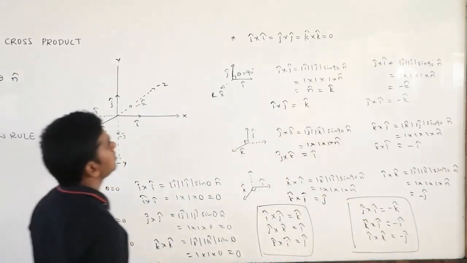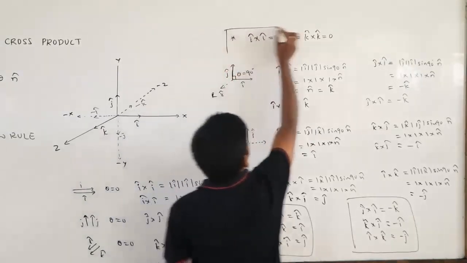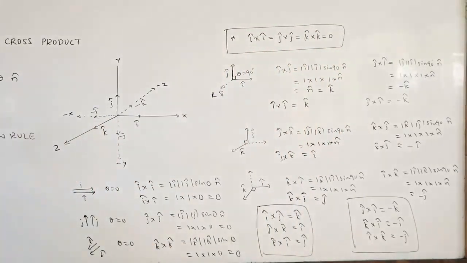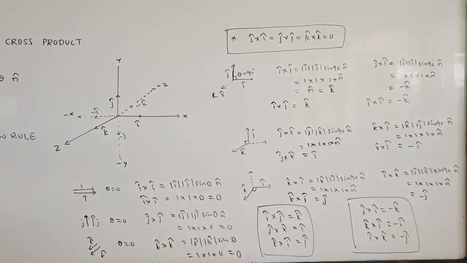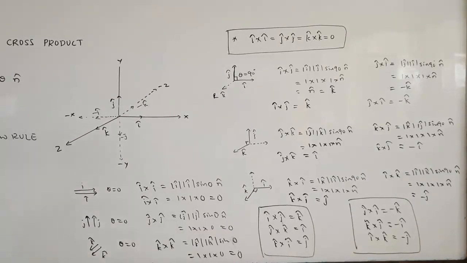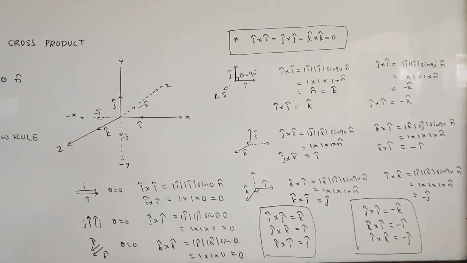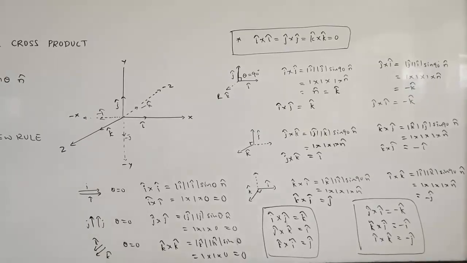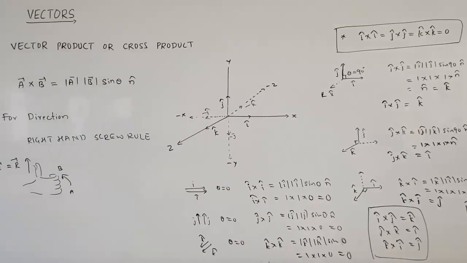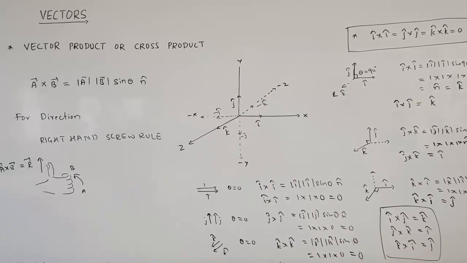And one more important result we got here. This is also very very important. These cross products of unit vectors are very important because most of the time the vectors will be given in terms of the unit vectors. So please do remember these things. Then we can go with some other examples.